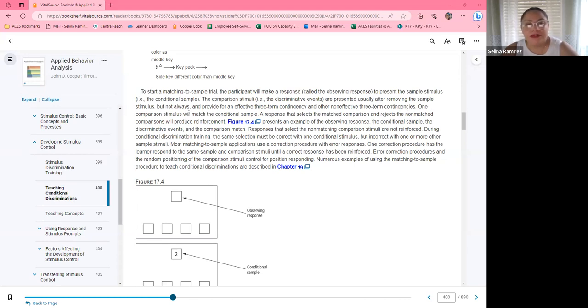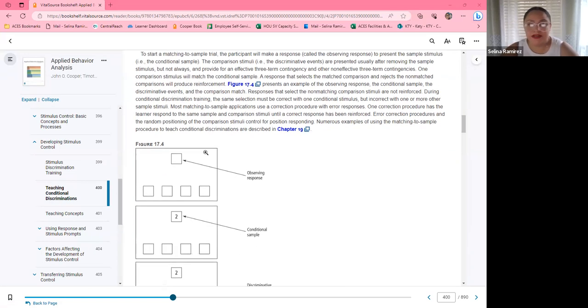One comparison stimulus will match the conditional sample. A response that selects the matched comparison and rejects the non-matched comparison will produce reinforcement. On the figure below, it's going to present an example of the observing response, the conditional sample, the discriminative events, and the comparison match.